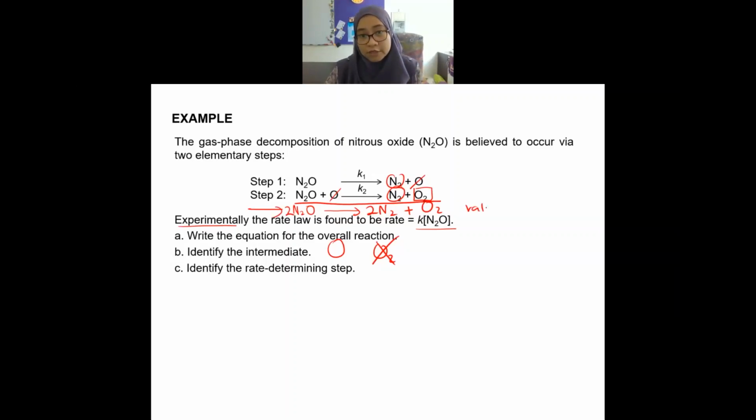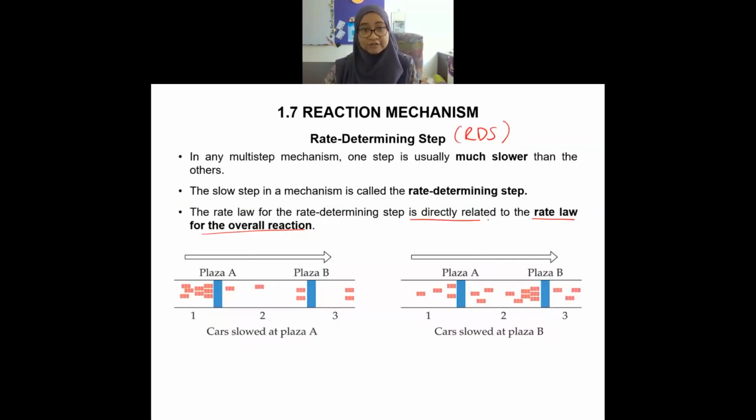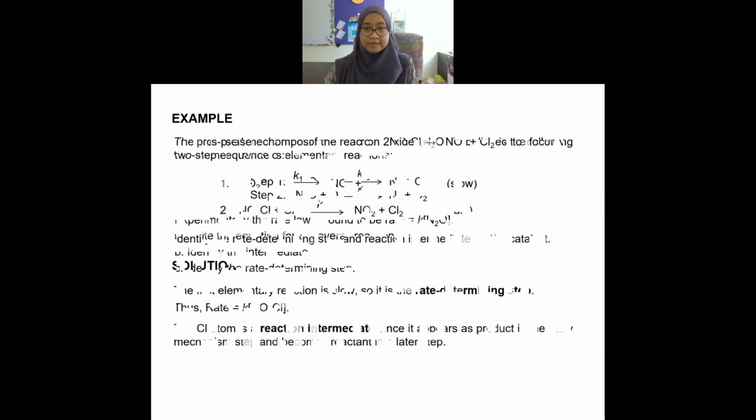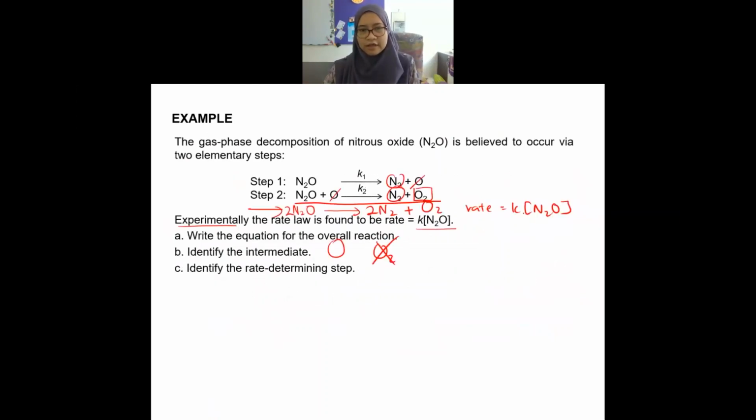So the rate law for the overall will be K and the statement earlier said it must be directly related to the rate law for the overall reaction. So we look for the one that has N2O. The easiest one will be the one that has N2O in it. For this one, we can come up with its rate law, right?